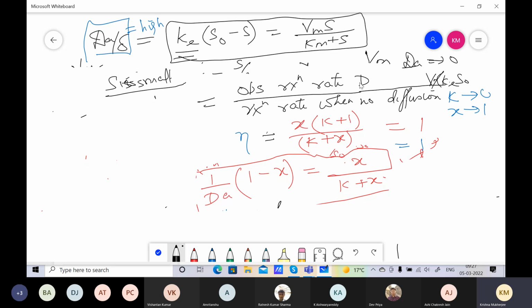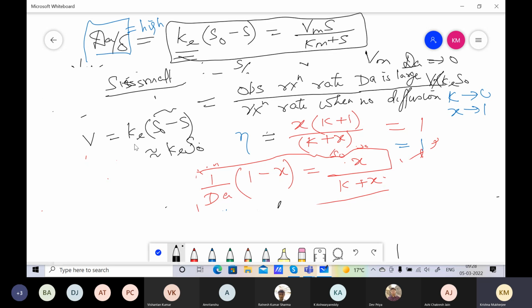Okay, so dA is large. As dA becomes large, you have trouble, because dA large means external mass transfer is present. So when dA is large, V is equal to Ke times (S0 minus S). And so I am going to say that this is equal to Ke S0, because S0 is very large, because this differential will increase.